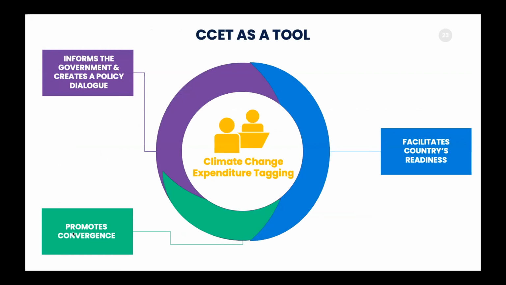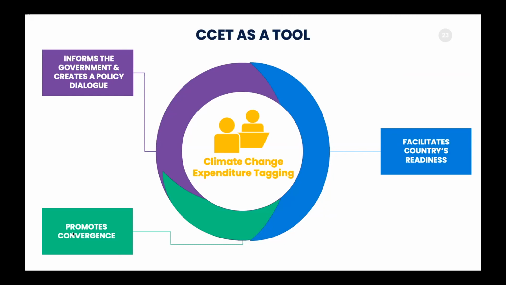And then specifically naman din po for the PCB RRP, it focuses on the priorities and programs po of the cabinet cluster, no. So the CCET naman po, what about the other agencies kasi that are not members of the cluster, but they are also providing or allocating resources din po, or programs for climate change. So the CCET would be able to provide that kind of data analytics din po, and hopefully this would create a policy dialogue to address climate change.